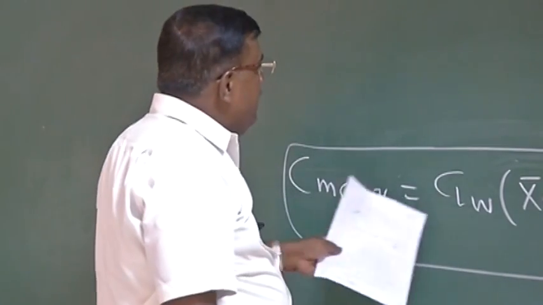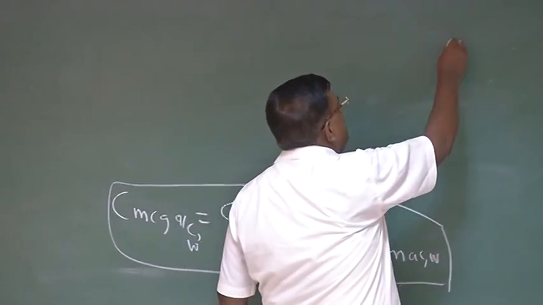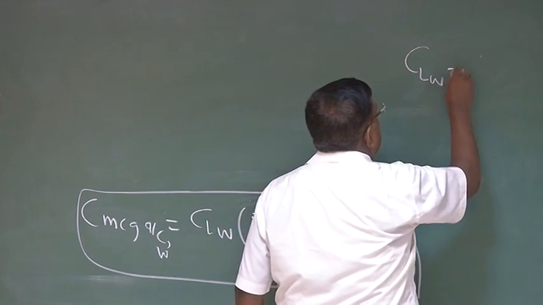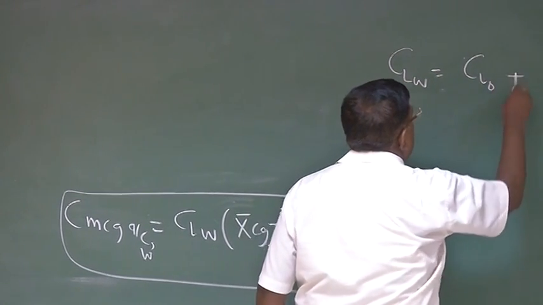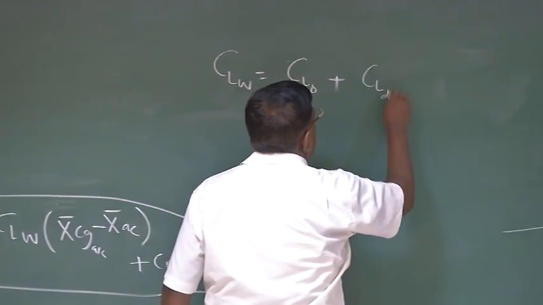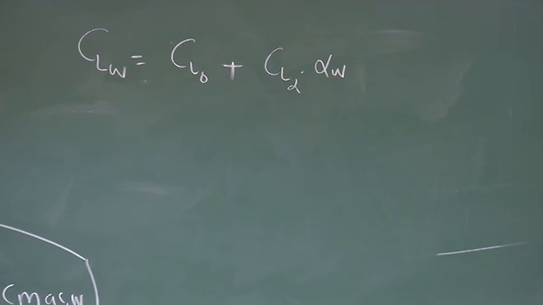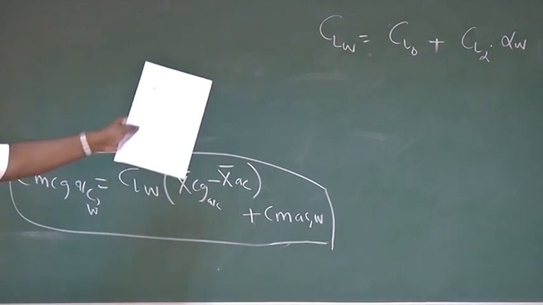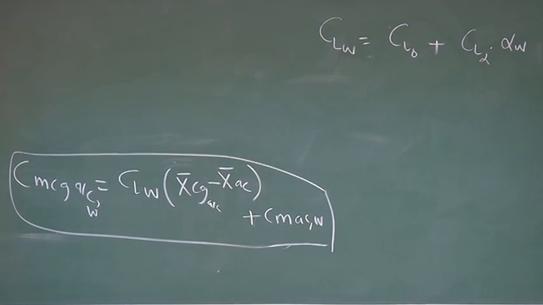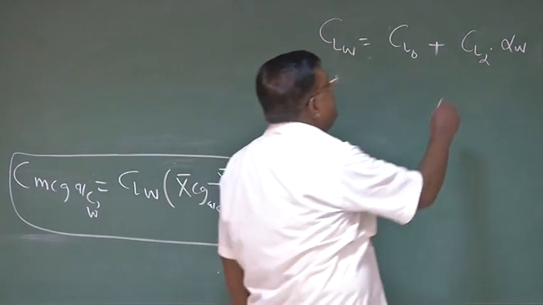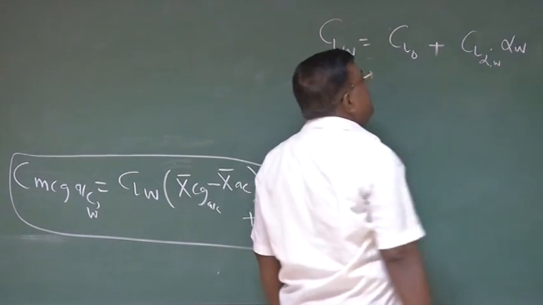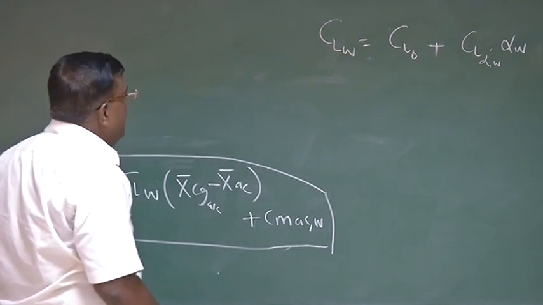Now, if this is the expression, we also know CL of the wing I can write as, because we have taken a cambered wing, CL naught plus CL alpha into alpha of the wing. Okay, so we substitute here. Instead of CL wing, we will be writing CL naught plus CL alpha of the wing into alpha wing. So this is CL alpha of the wing. We should be careful. So if I do that, then what do I get?